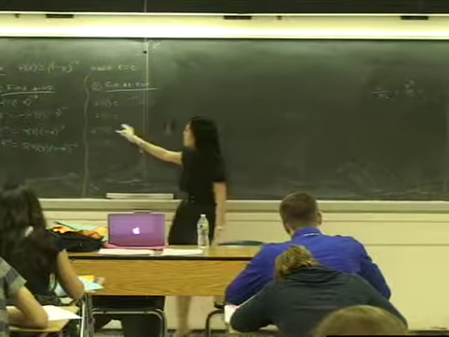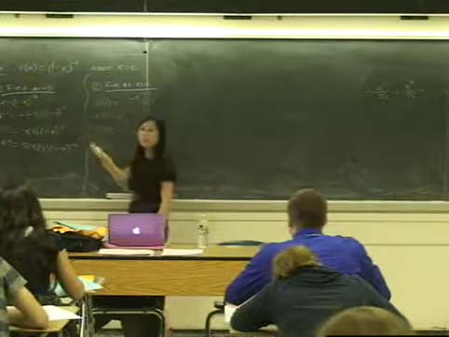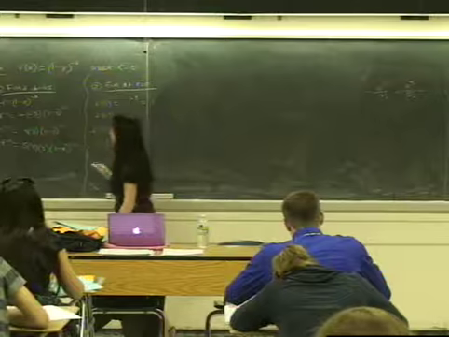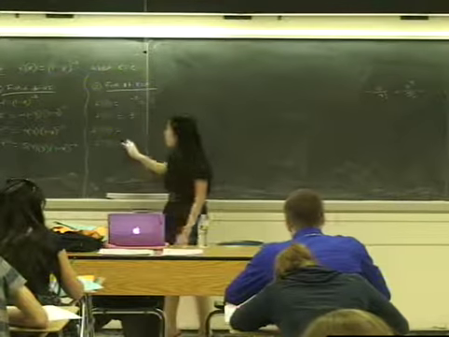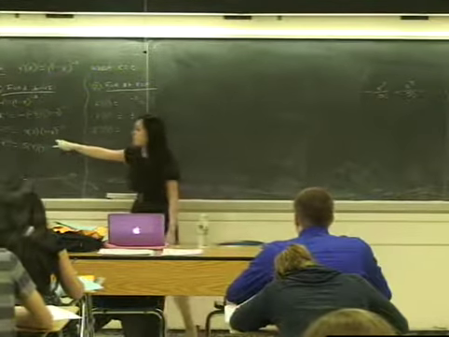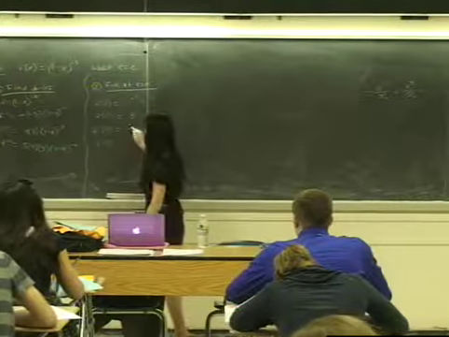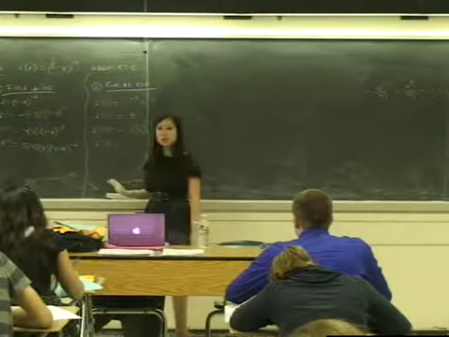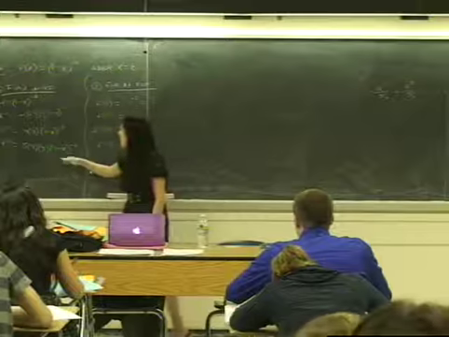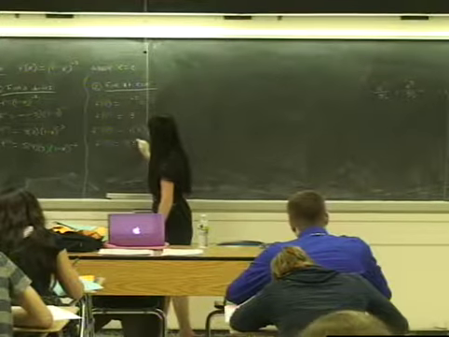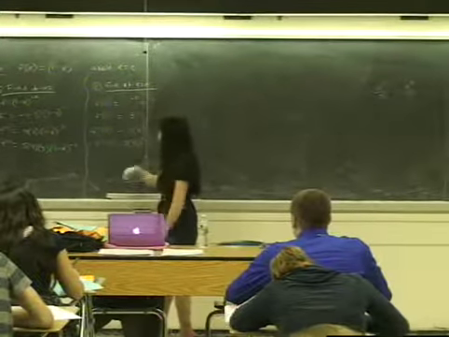Okay, f prime of 0, now I plug in. Again, 1 to the negative 4 is just 1, so now I'm just left with 3. f double prime, I have 4 times 3 times 1. So I just have 4 times 3. Again, don't multiply through. And the last one, I have 5 times 4 times 3, times 1.